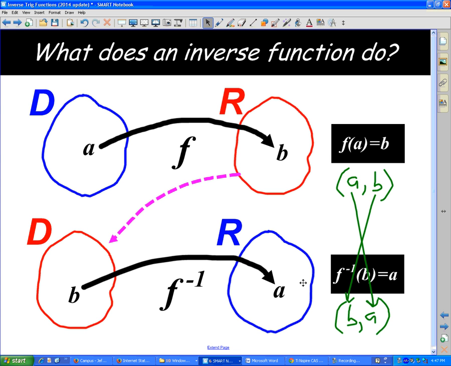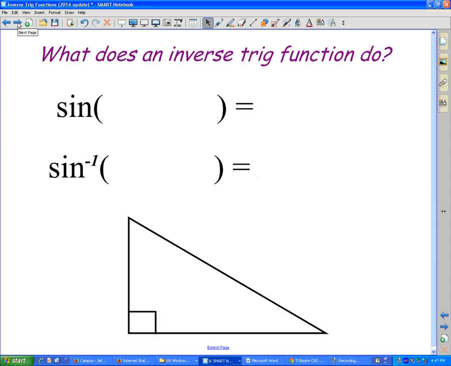Okay. Now, more specifically, what does this mean for us in trigonometry? Well, what does a trig function do in the first place? This is something you probably discussed briefly back in geometry, and earlier in the semester here. But let's discuss it a little bit more than briefly here. Let's make sure we really understand what's going on.